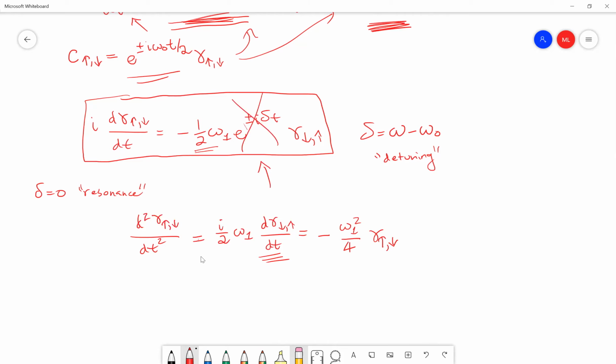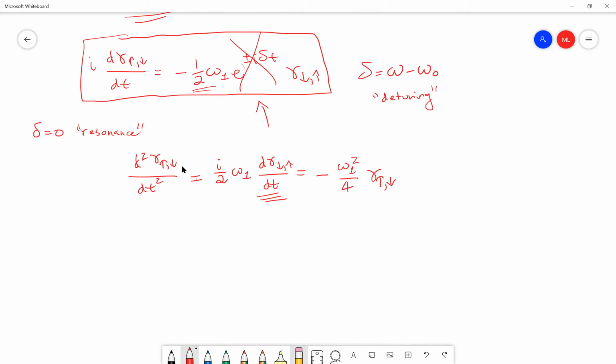It's kind of a funny trick, but it's a very common thing when you have a system of 2 first-order equations. You can convert it to a single second-order equation by differentiating with respect to time again, and then substituting back in on the right-hand side. So now I just get the second-order equation, and that's much easier to solve.